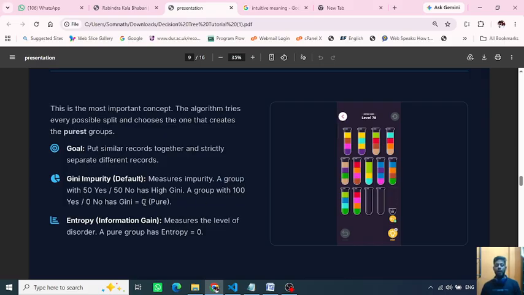Suppose a group of data where 50 customers have target yes and 50 customers have no. Equal numbers, so it's a high Gini. And a group with 100 yes but 0 no has Gini equal to 0, and that is pure.